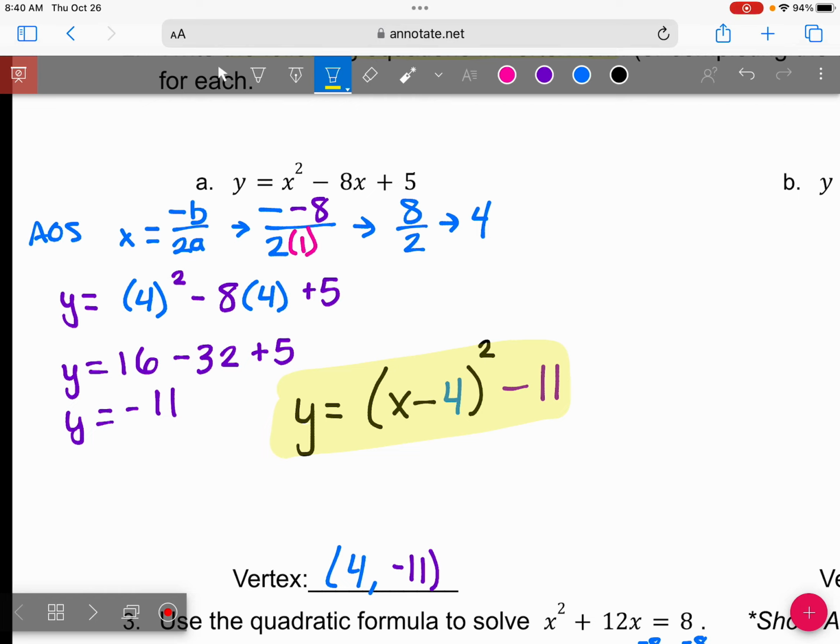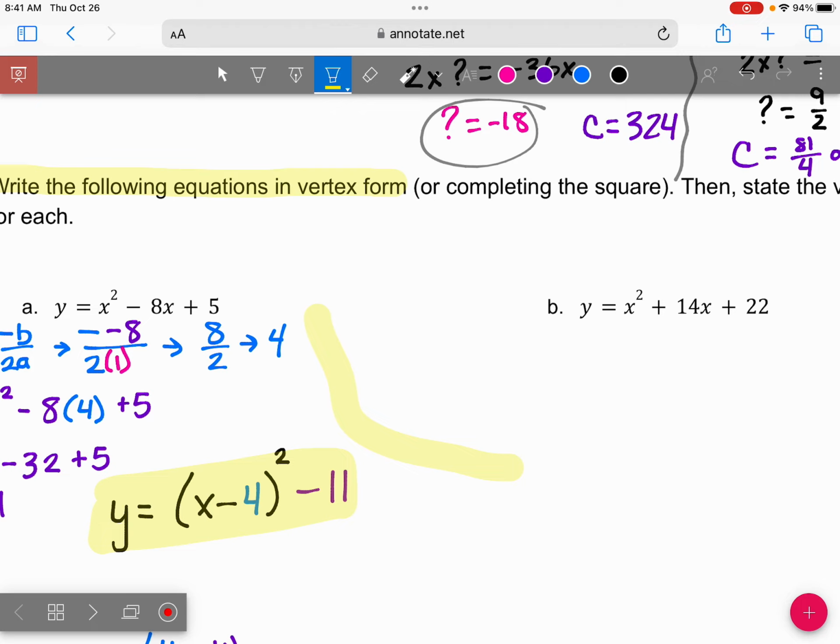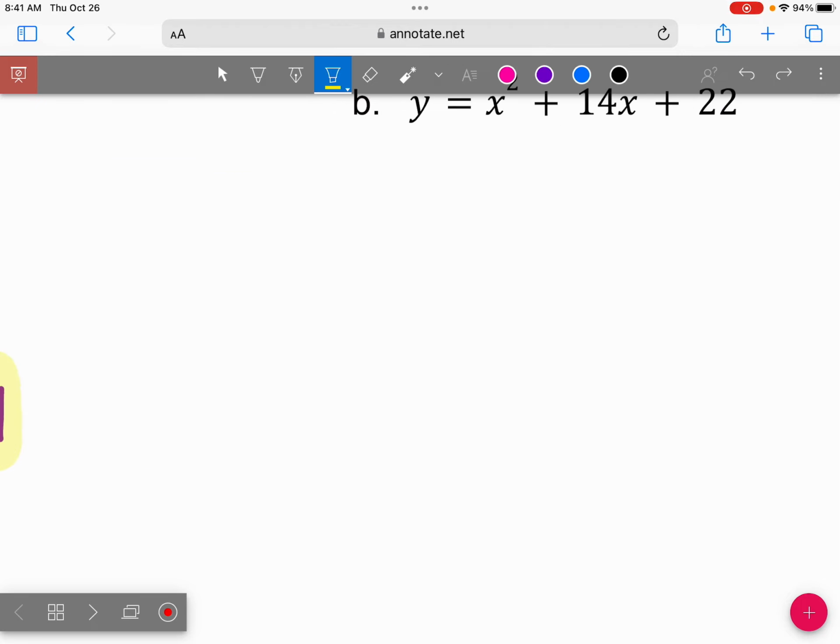For the vertex form, if we get a negative, do we put the negative outside the box or inside the parentheses? Are you saying if your axis of symmetry was negative? Yeah. So theoretically, I'm going to just write it over here to the side. Let's say we got an axis of symmetry of negative 3.